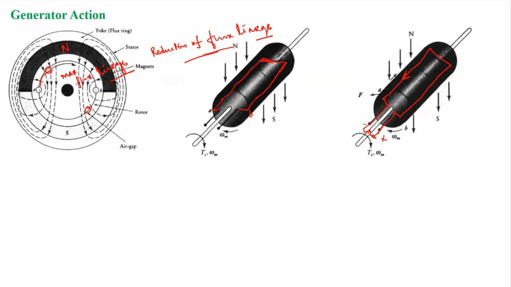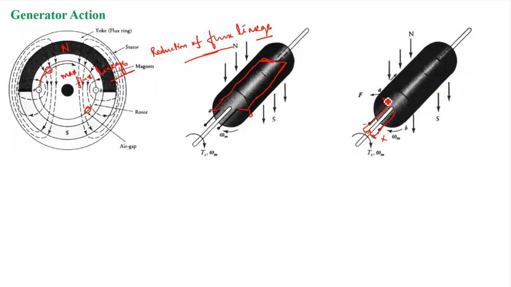In fact, it will reduce, right? Because the flux direction produced by this coil will be like this, and it will oppose the main flux because of this field, right? So when it opposes, that means it will reduce more and more. Therefore, your current should flow in this direction.